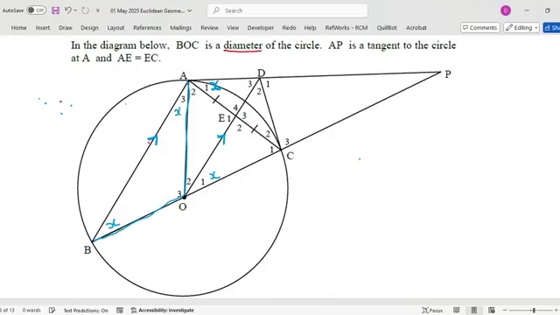A3 will also be x. What is the reason that A3 is x? Angles opposite equal sides.